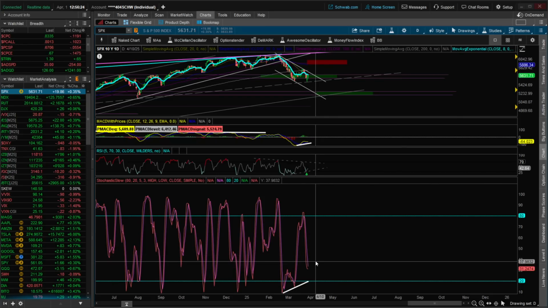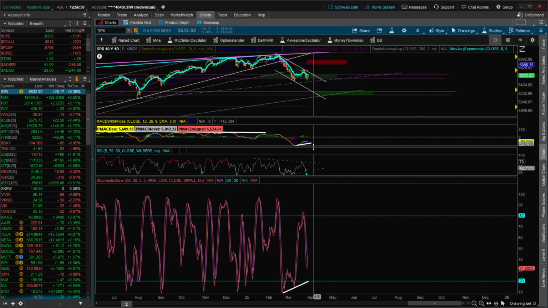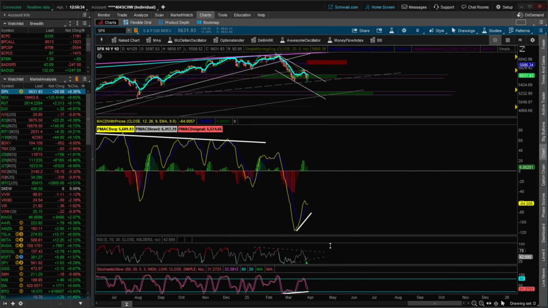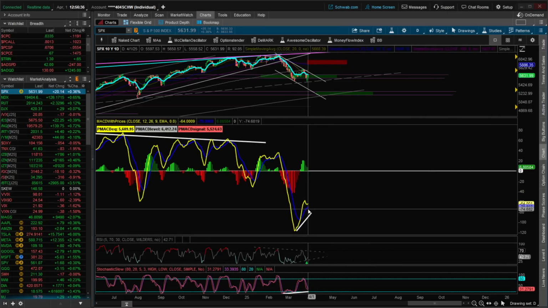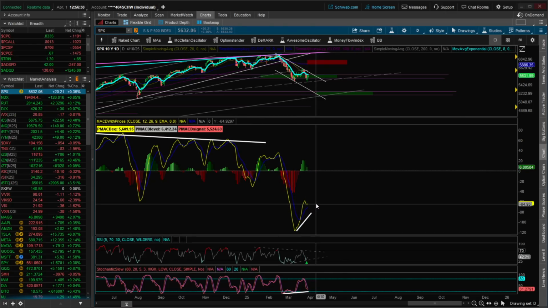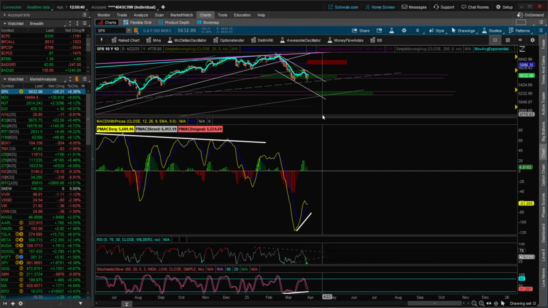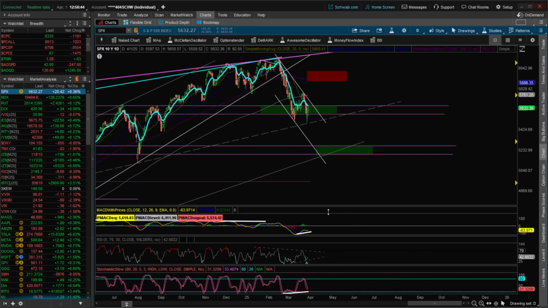When we get this crossover, now we have another buy signal on the slow stochastic, and the momentum, this is a much more sensitive oscillator. And then you have the tailwind with the momentum on the MACD. So they'll both be facing the same way. Price action should be heading a lot more directly to the upside at that point.